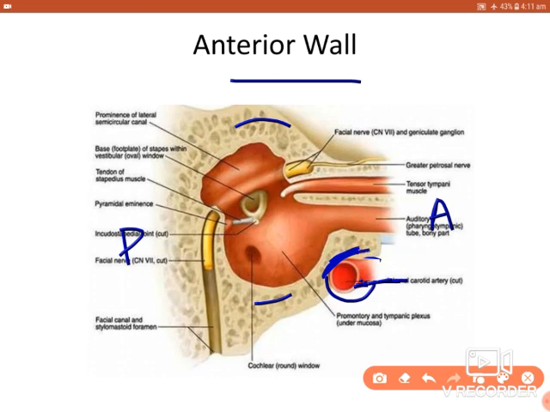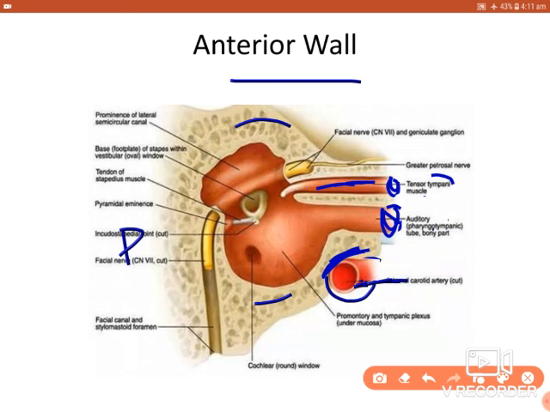Above this bony part you can see two openings. Superiorly, this is the opening for the passage of the tensor tympani muscle. Inferiorly, this is the auditory tube, the pharyngotympanic tube or eustachian tube.